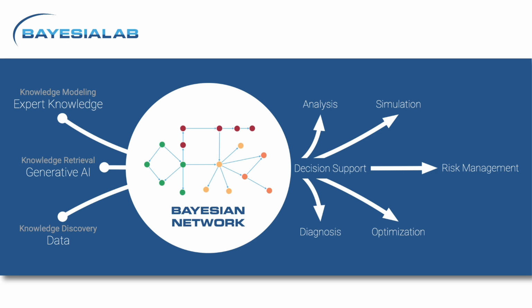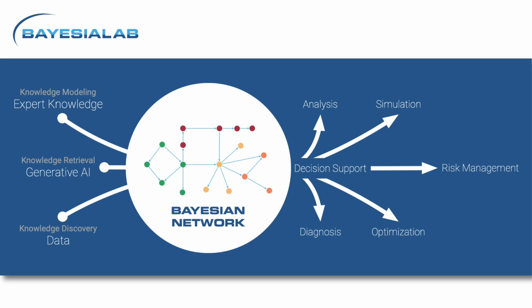Moving to the left of the Bayesian network at the center, we see the sources of knowledge that we can use to generate Bayesian networks. With BayesiaLab, we create a Bayesian network by modeling expert knowledge or performing knowledge discovery through machine learning.